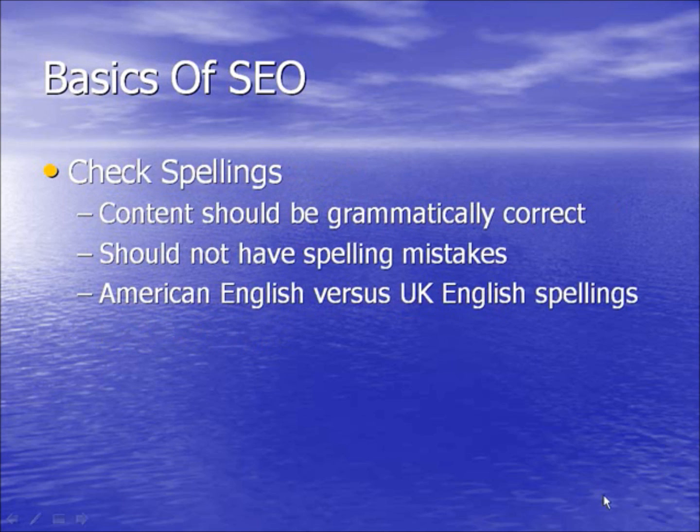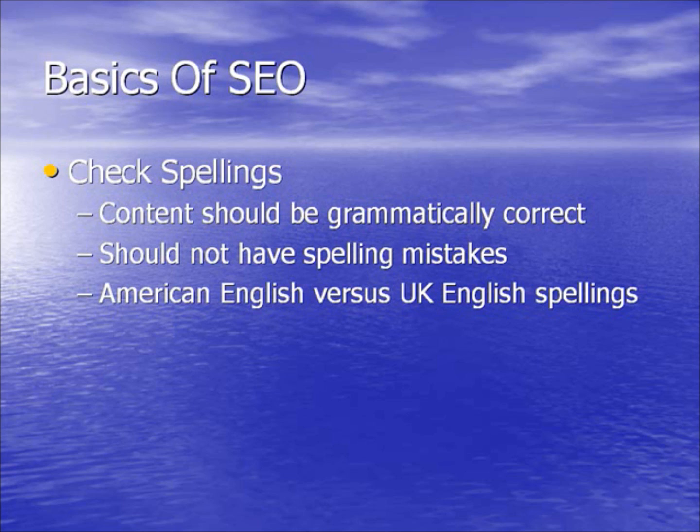The next thing to look at when doing SEO is to check your spellings, to make sure that the content is grammatically correct and there are no spelling mistakes. As we all know, there are two versions of the English language going around on the internet: American English and UK English, and there are some spelling variations between these two.